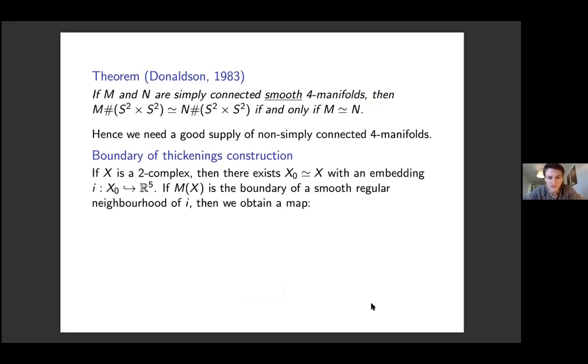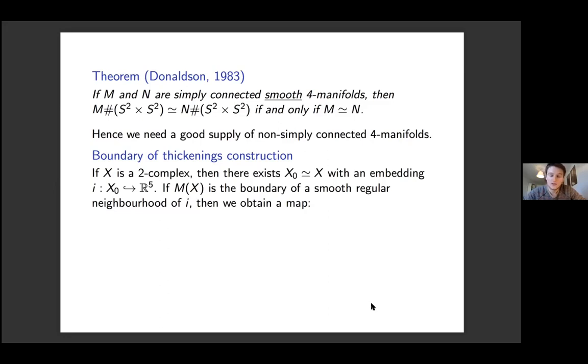The construction is this. If X is a two complex, then you can always find a homotopy equivalent simplicial two complex, X naught, and once you have a simplicial two complex, it always has an embedding into R5. You can then take a smooth tubular neighborhood of this embedding, which gives you a five-dimensional smooth manifold with boundary.